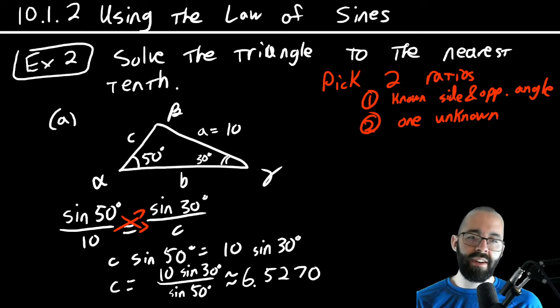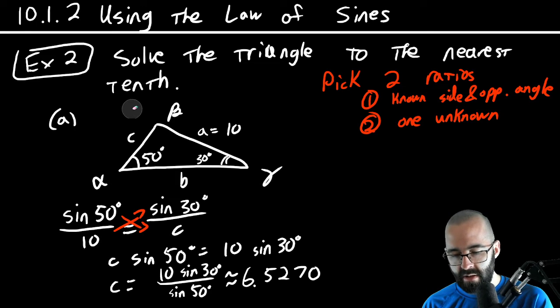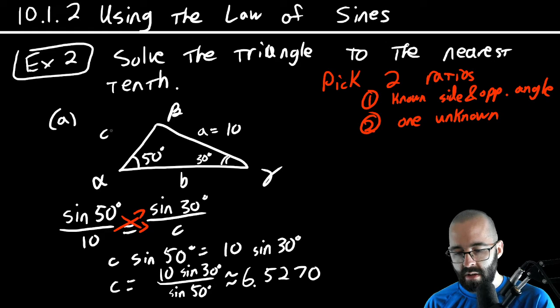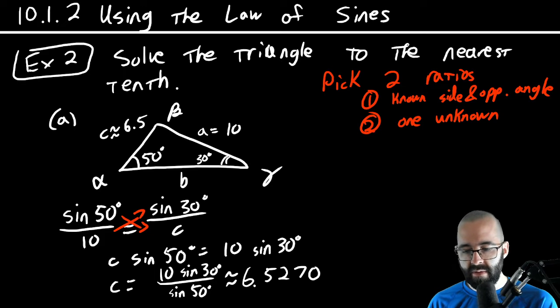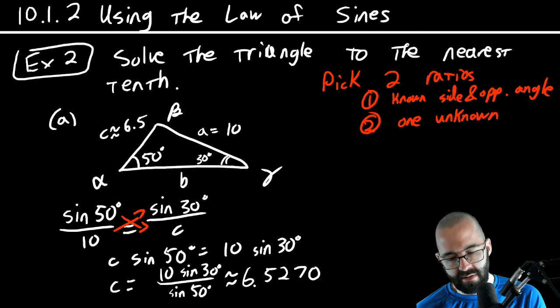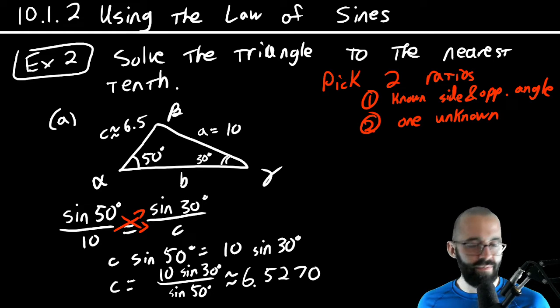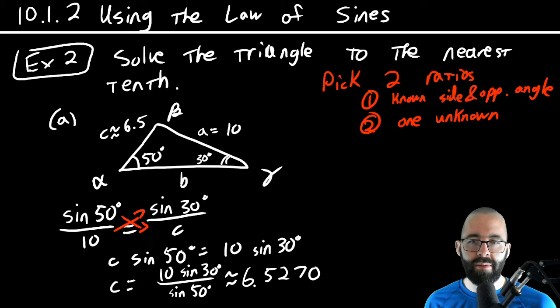And I know it said round to the nearest tenth, so we're going to say 6.5. C is approximately 6.5. Actually, we're not going to have to use C for anything. But yeah, we could have rounded better.